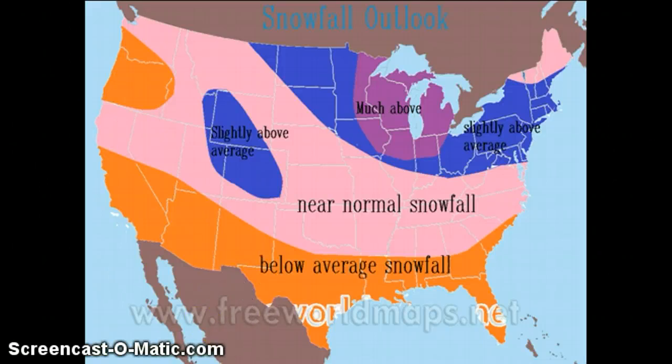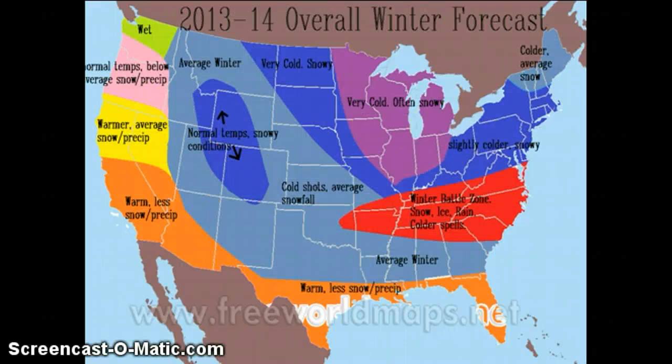Now my overall forecast for this winter: in the extreme northeastern United States, you expect colder conditions, but just average snow, while the mid-Atlantic and southern northeast will be slightly colder with snowy conditions. Now the southern mid-Atlantic, that's where my winter battle zone is, where they're going to be on the edge between snow, ice, and rain.